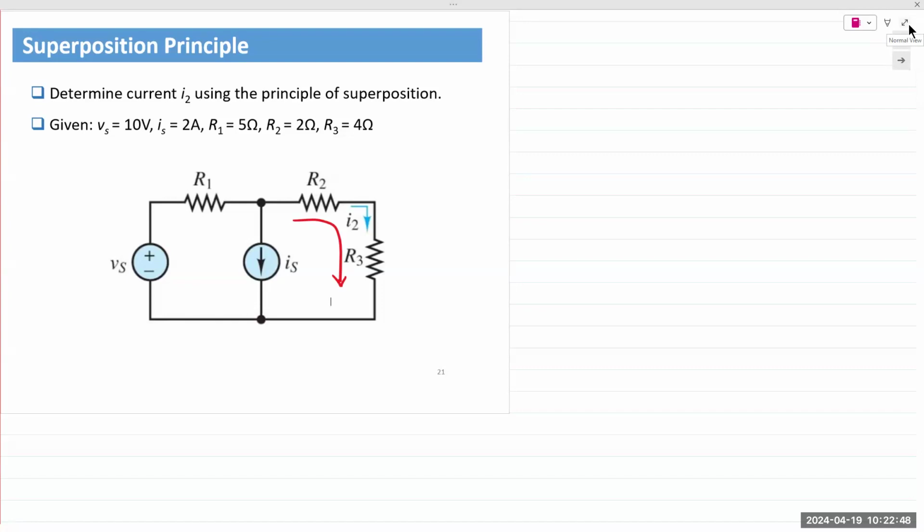What I was saying was, we are asked to find I2. I2 is the same current that's flowing through R3 as well as flowing through R2. R2 and R3 are in series. Yes. And we'll build the circuit for both the cases, and then we'll analyze it independently.